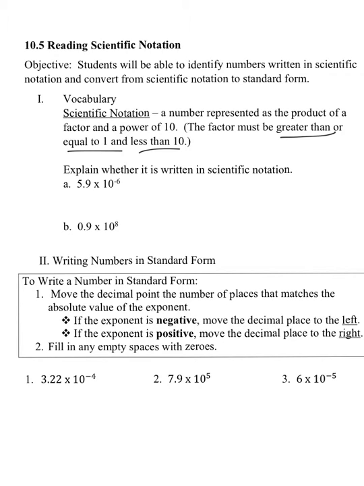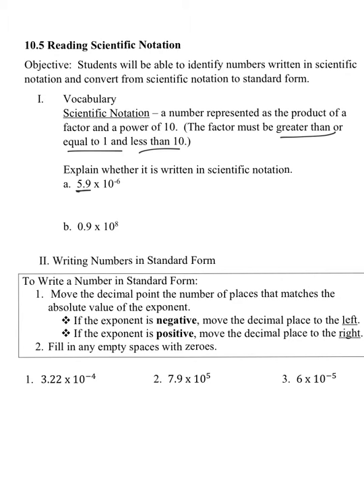So when you look at these first two, you want to see if they are in scientific notation or not. In letter A, you ask, is the factor greater than or equal to 1, but still less than 10? Yes, it's 5.9, so that's right in between 1 and 10.